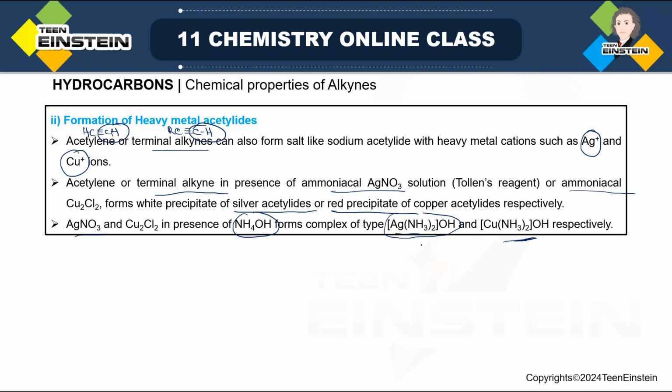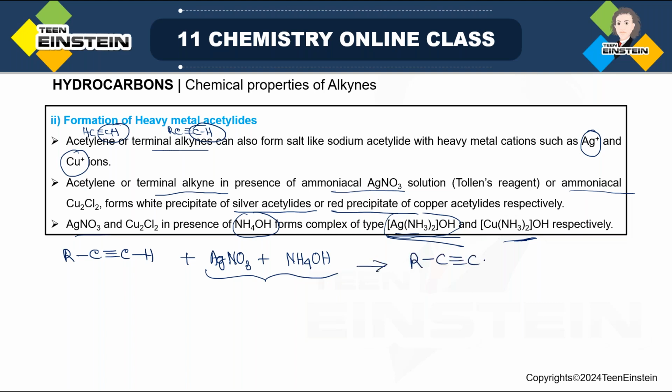In that case, that also means that there will be generation of heavy metal acetylides. So in general, I will start with this type of terminal molecule. And when you are treating it with AgNO3 and NH4OH, that is ammoniacal AgNO3, this is the reagent combination, but even if this is treated directly instead of writing this, it means the same thing. So there is formation of heavy metal acetylide.